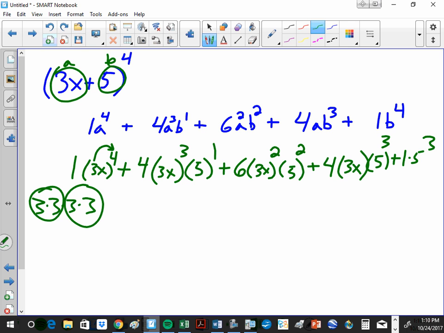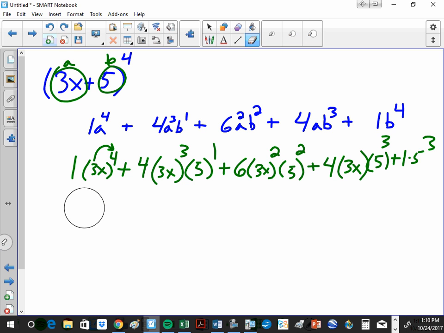That's how I remember 3 to the 4th. Okay? So I have 1 times 3 to the 4th times x to the 4th, which gives me 81x to the 4th. Does everybody understand that? Then I move on.